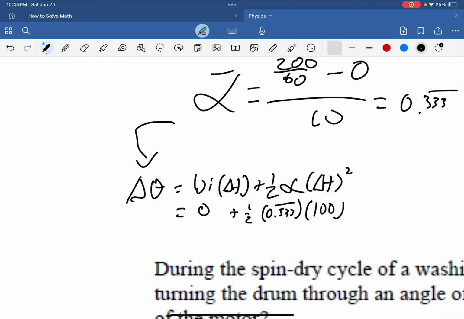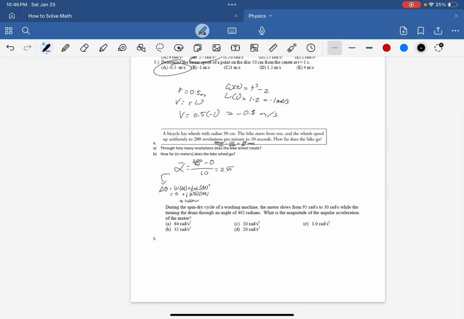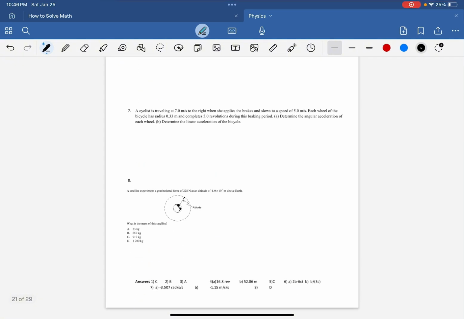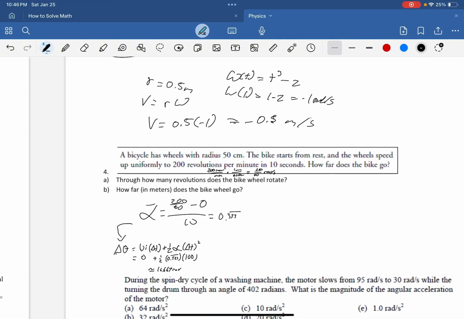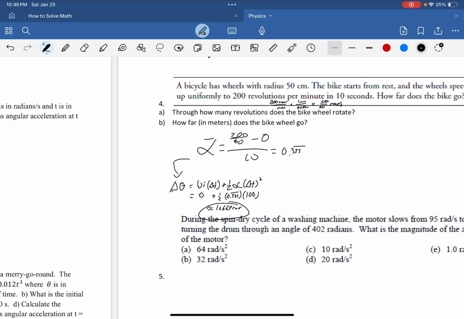Sorry, 10 squared is just 100. And this should give you an answer of 16.667 revolutions, not radians. Let's check if that's correct now. 16.8. Yeah, sure, whatever. I'm assuming that's how we got to this answer.